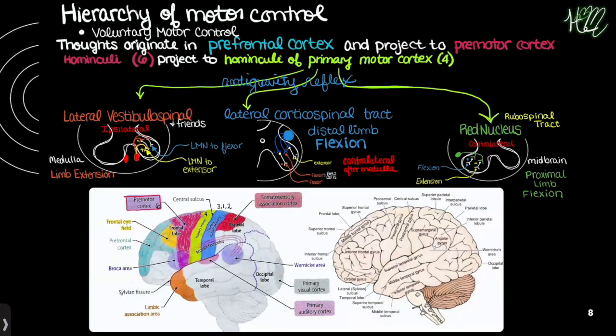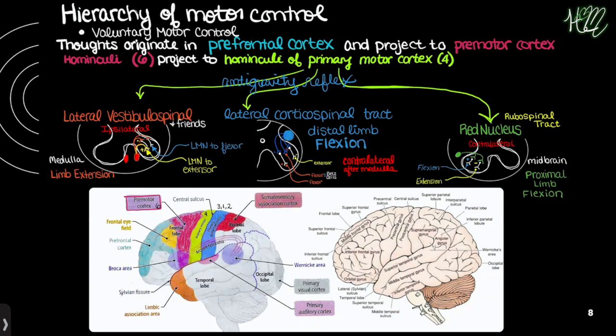All right, so motor control is very dependent on a few different things. We have a few different areas that we need to worry about. So remember we said that we have thoughts that originate in our prefrontal cortex. Those fibers project to the premotor cortex, and then finally our primary motor cortex carries out that function.